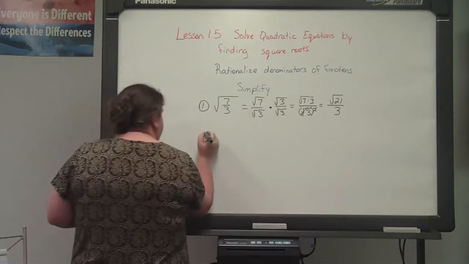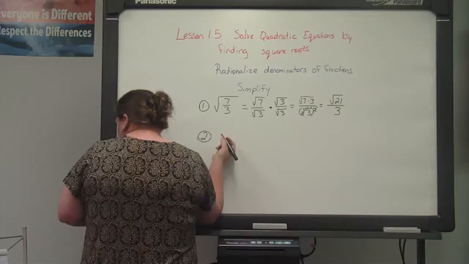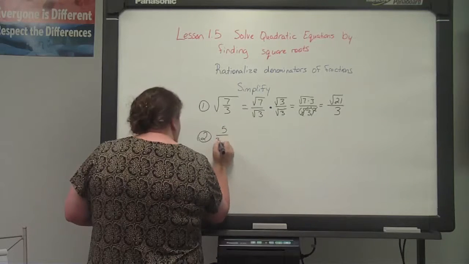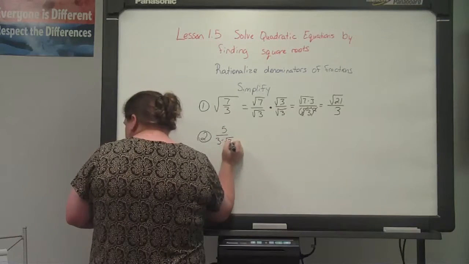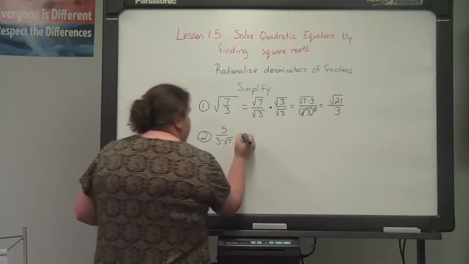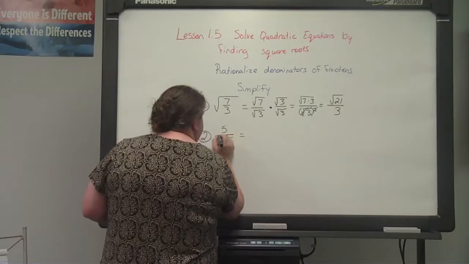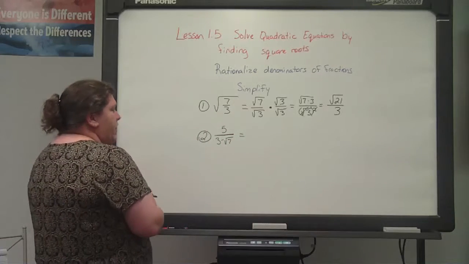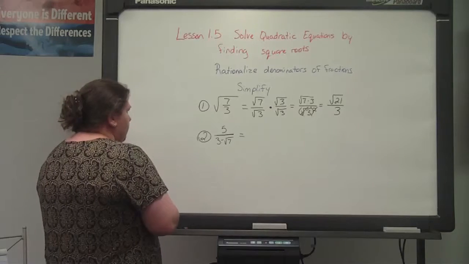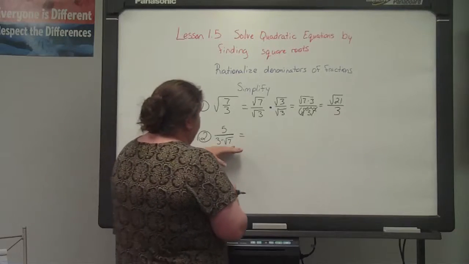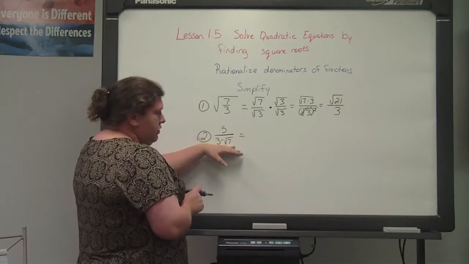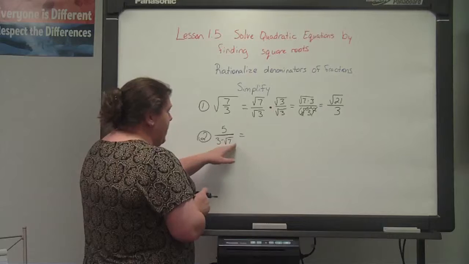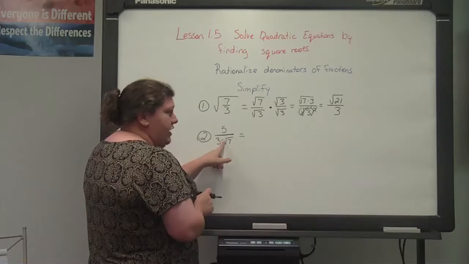Example 2 is 5 over 3 minus square root 7. So again, we think back to our vocabulary where we have the conjugate, because it has a radical in the denominator, but we can't separate because of the operation.